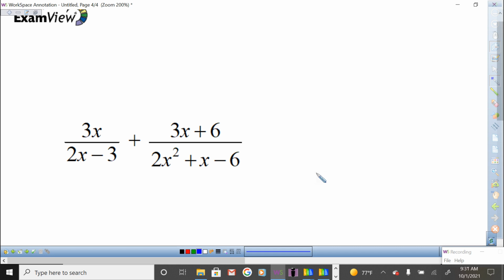This is number 6. Do we need to do number 6? Yes? Copy this one, please. 3x over 2x minus 3 plus 3x plus 6 over 2x squared plus x minus 6.